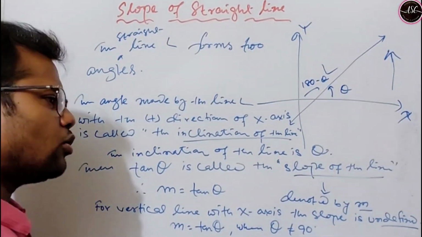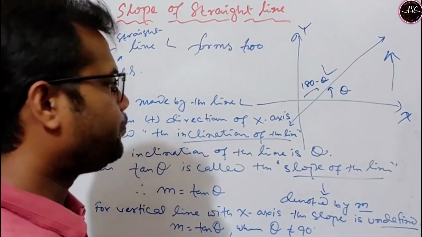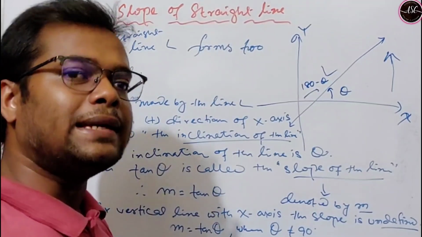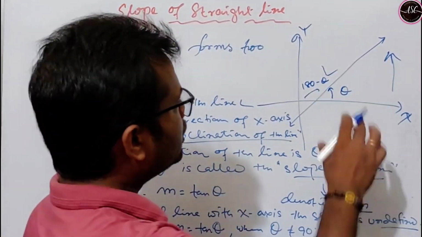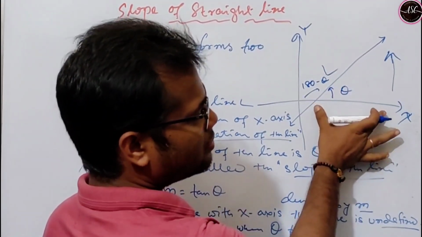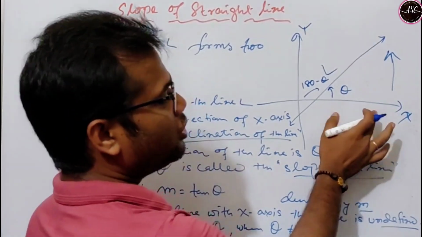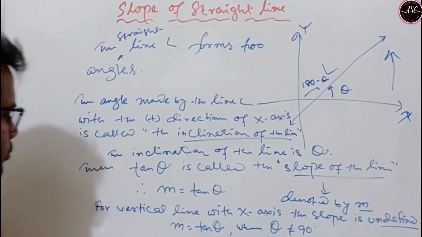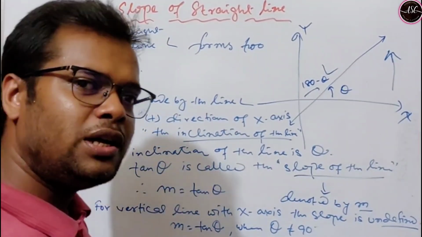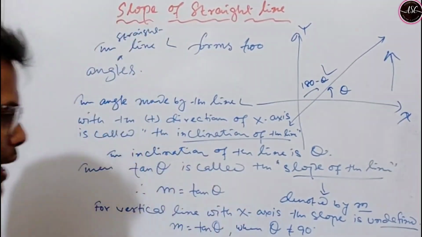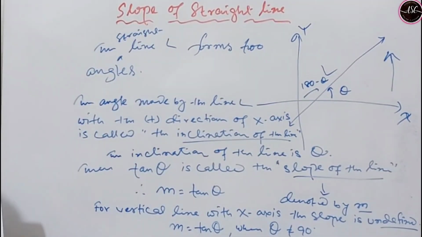Now if there is a question, what is the slope of x axis? Just assume this line is that. Here theta will be 0, so tan 0 is equal to 0.